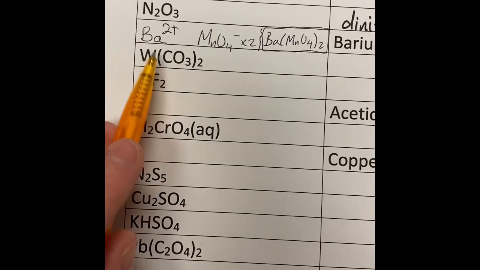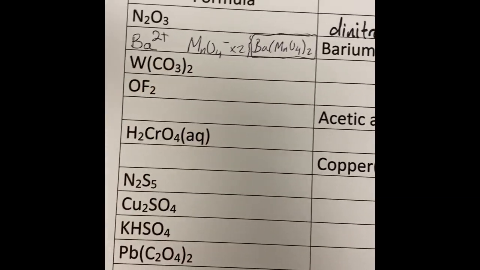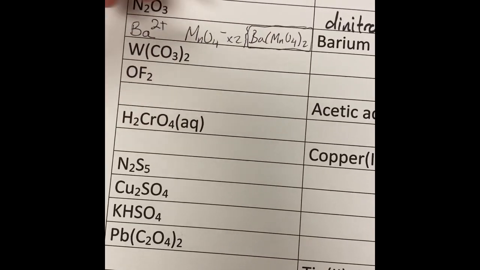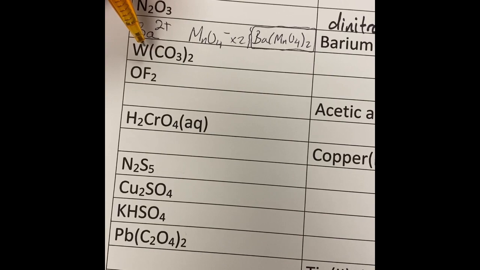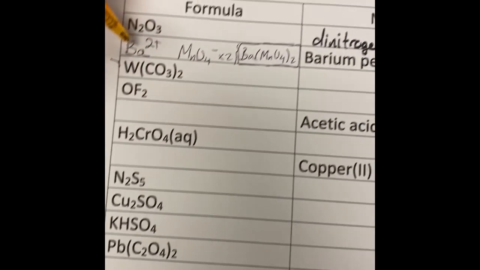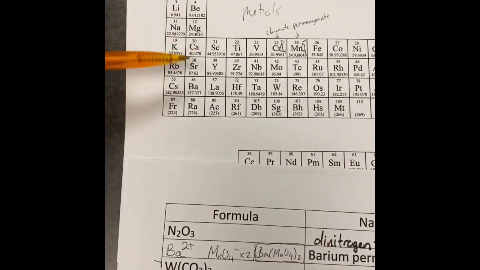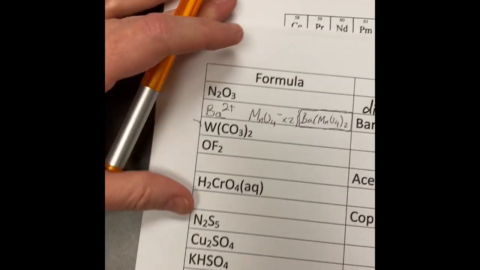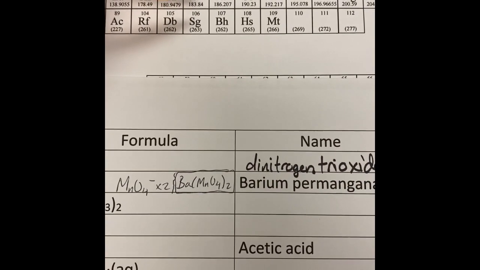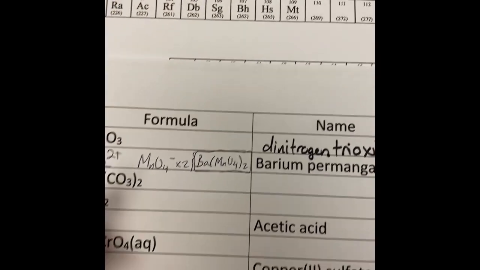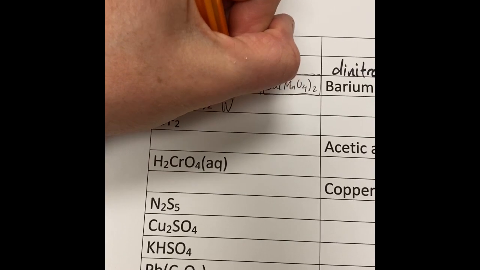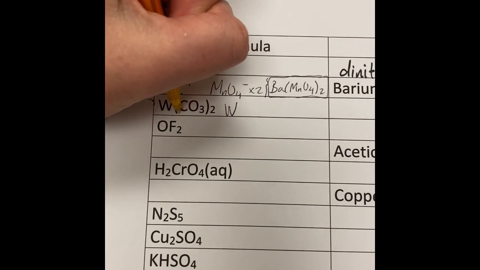Now we want to name this thing. What is tungsten? Anytime we name an ionic compound, we want to see if we know the charge of the metal or not. Barium, we knew the charge because it was in the second column. But this tungsten, we don't know the charge because it's actually right here. We don't know its charge. And so when we go to write it down, we're just going to say tungsten for now. But we do know carbonate.